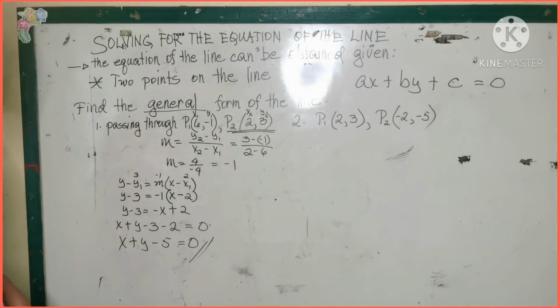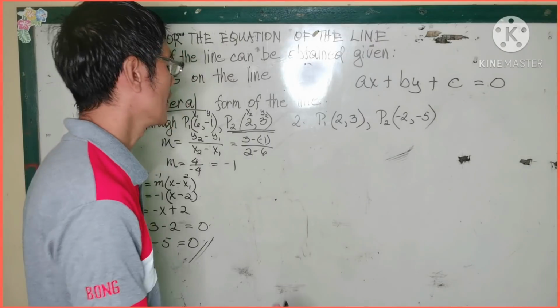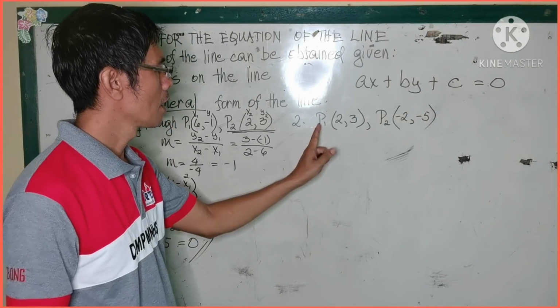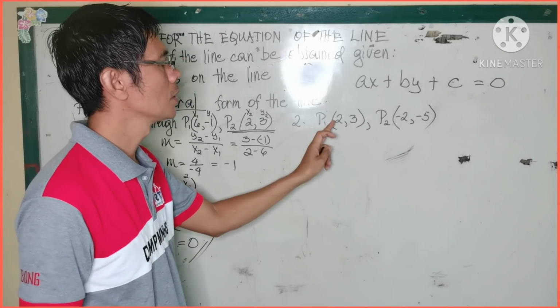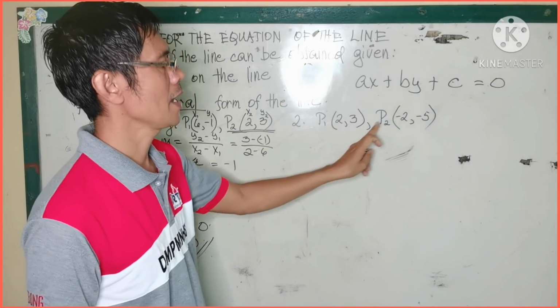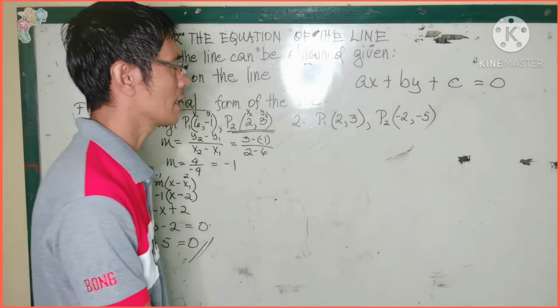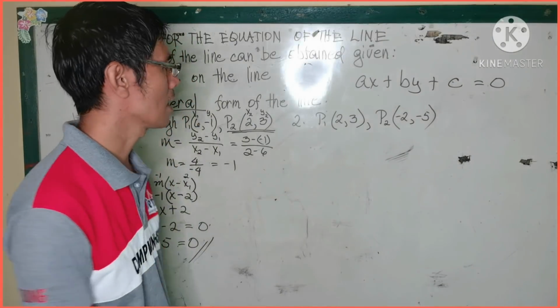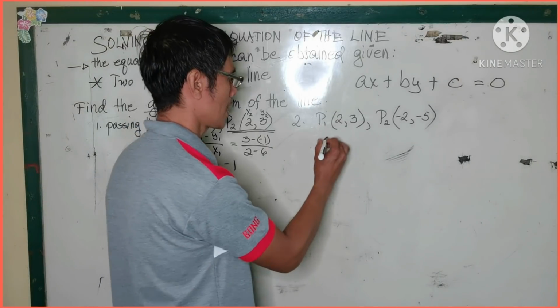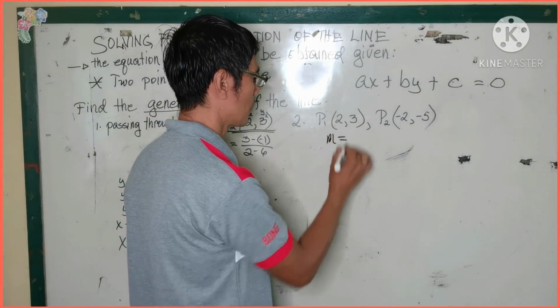Okay? Let us try to consider number 2. What is the equation of the line passing through 2, 3 and negative 2, negative 5? Express the answer in general form. So again, solving for the slope first.